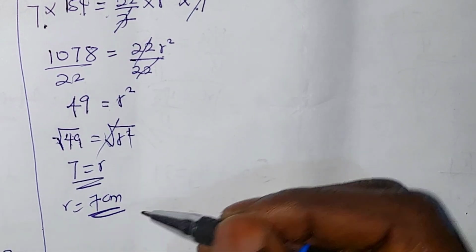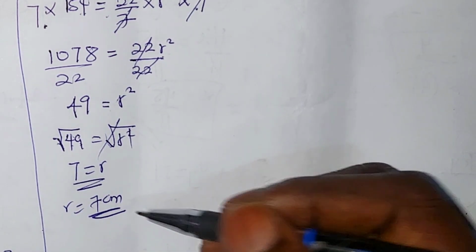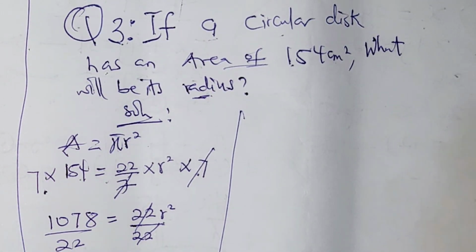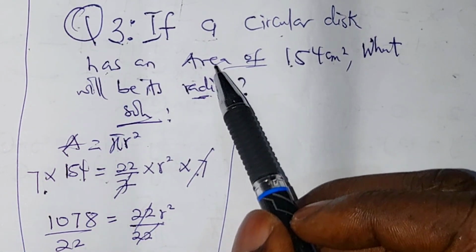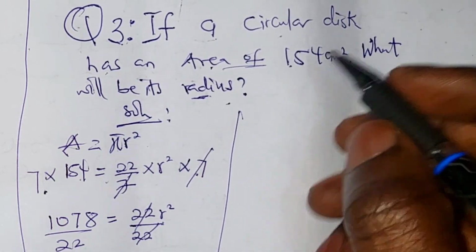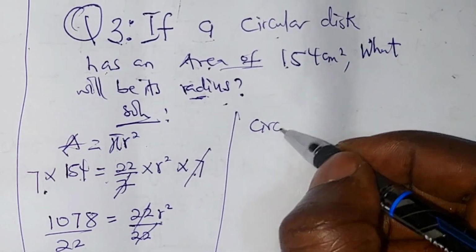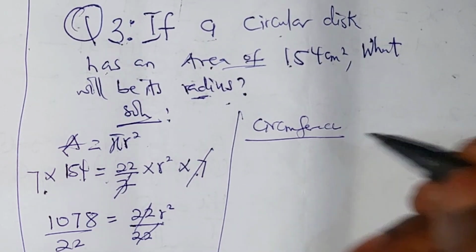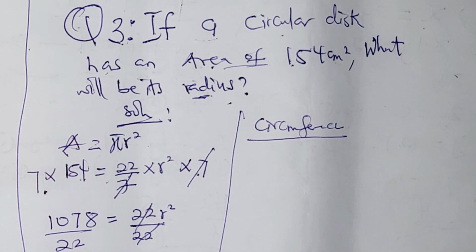That's the radius. What if we are asked to find the circumference? What would we have done? In the same way, if you are given the area and asked to find the circumference, you need a formula that connects area to circumference, and there's no formula that actually connects area to circumference.